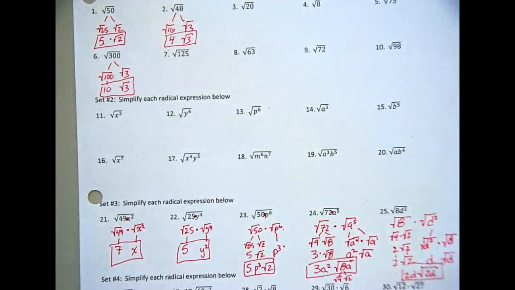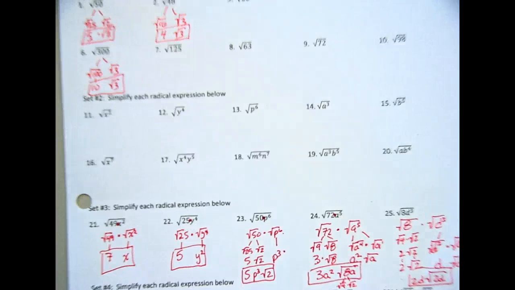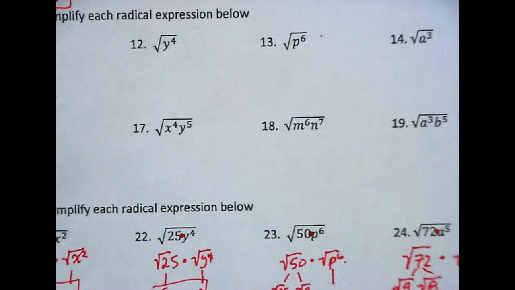How about when we get down here? Say like number 17. X to the 4th, y to the 5th. What does that break into? What two parts could we break that into?